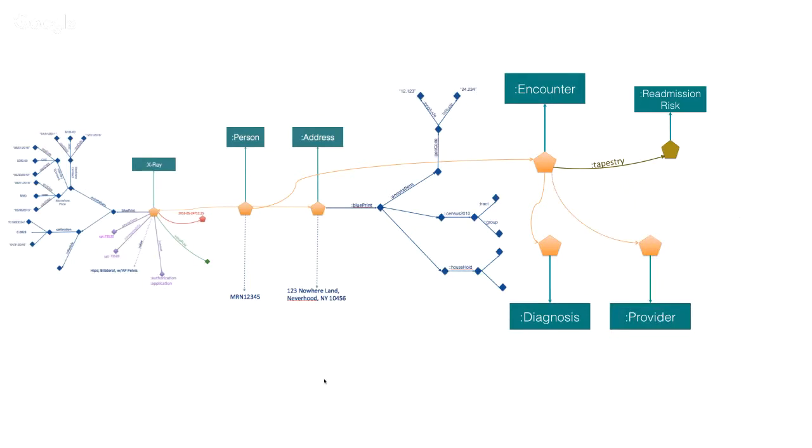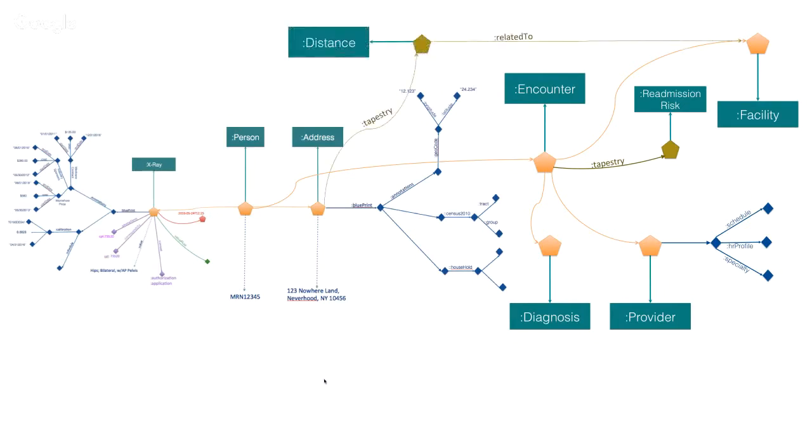You can link it to providers, and bring information that you have about the provider to better understand these practices and the facilities in which these services are provided. Then you can link it to another higher-level analytics, which calculates the distance between the place this person lives and the facility within which this person is being cared for, and the relationship between that and the readmission risk of the patient.